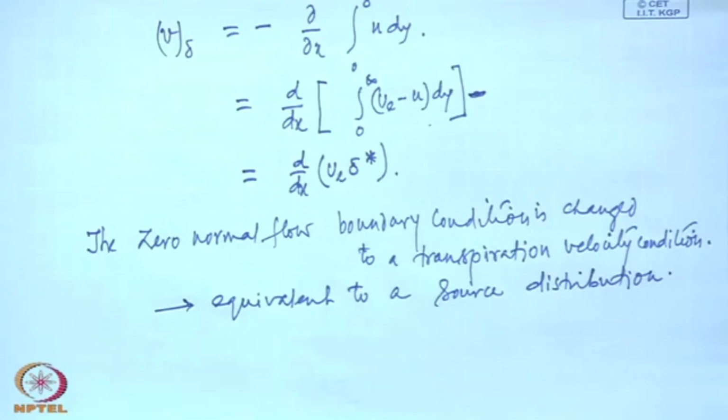So, these are two alternatives. This is the alternative effect to the inviscid flow. The inviscid flow will see either that the wall has now got a thickness or the wall has been displaced by a distance delta star, or it will see that there is an additional source distribution placed on the plate whose strength is given by this.